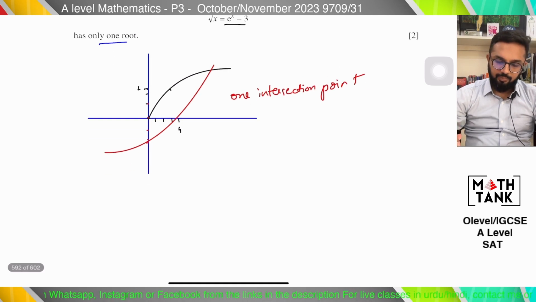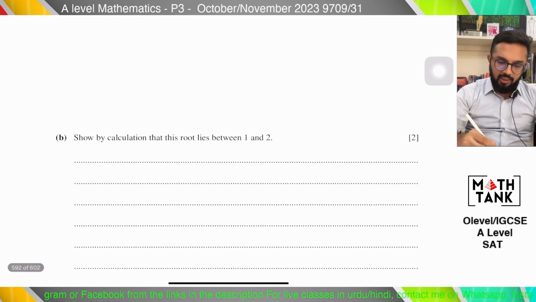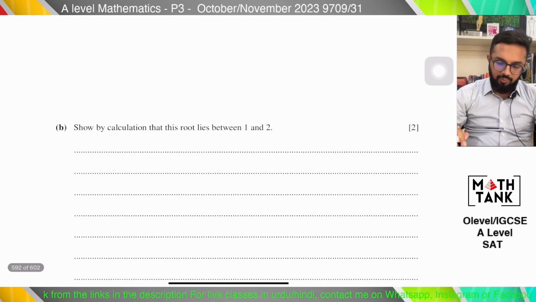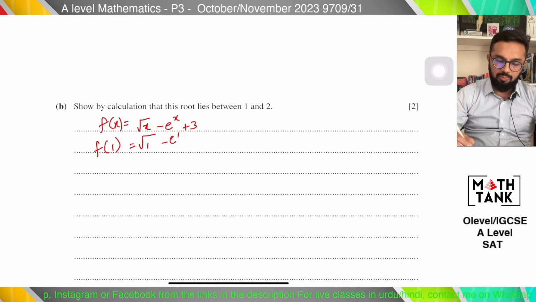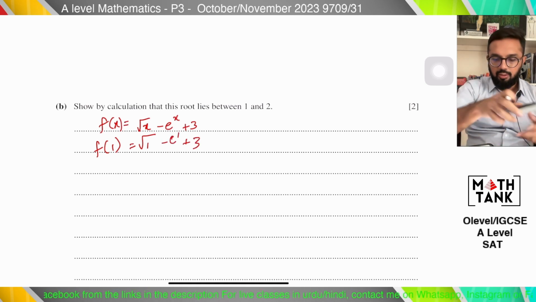Okay, show by calculation that the root is between 1 and 2. So root x minus e power x plus 3 becomes the function. I move everything to one side. Then I calculate f of 1, which is root of 1 minus e power 1 plus 3.